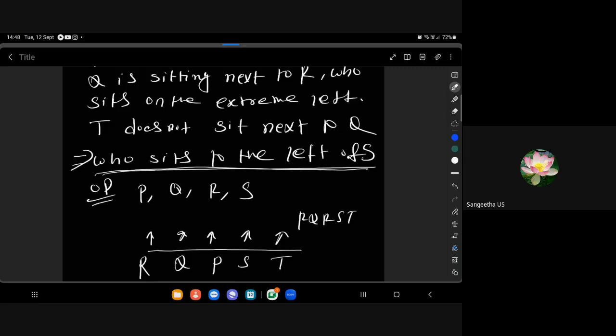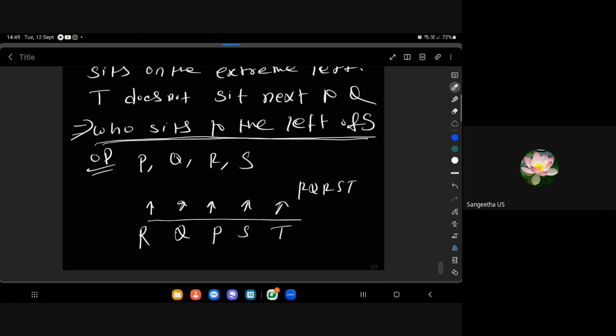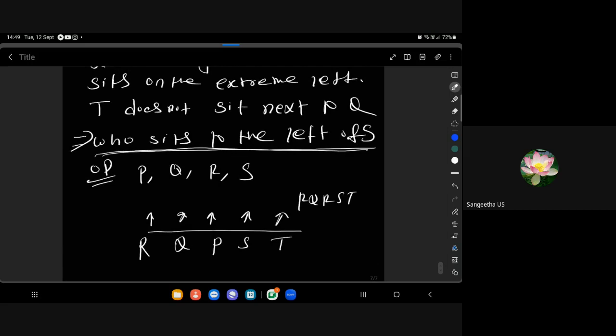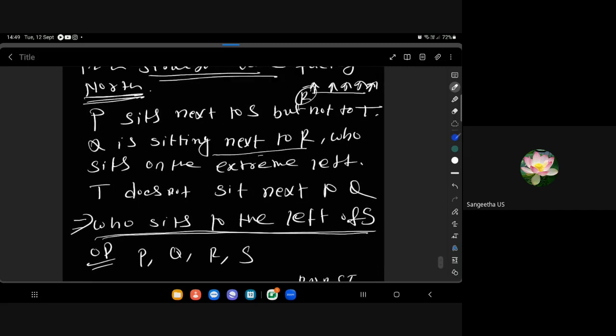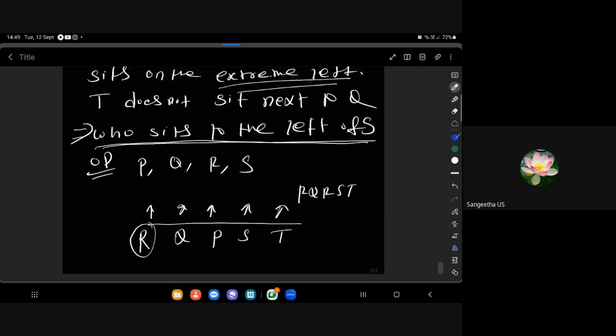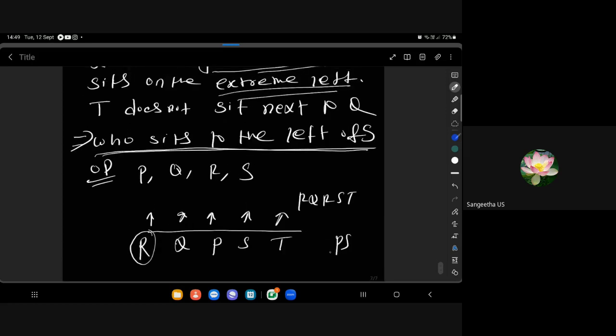Any doubt? R is in the extreme left. This is given by the information here, extreme left. P sits next to S, but not to T. Means you can write SP, but you can't place T here.